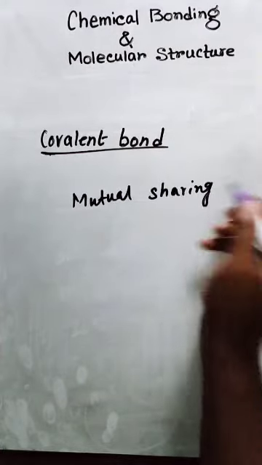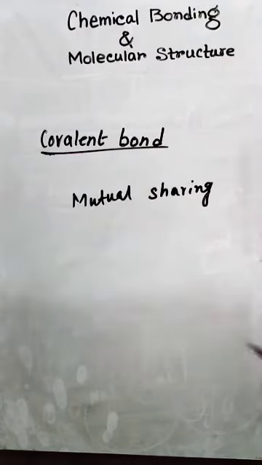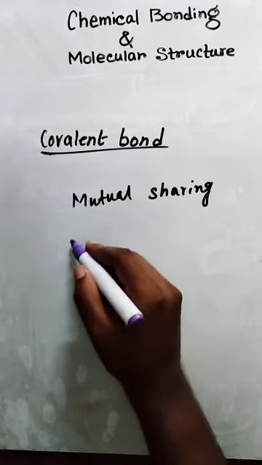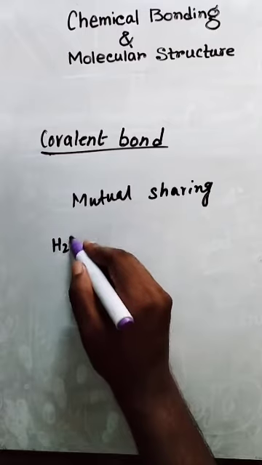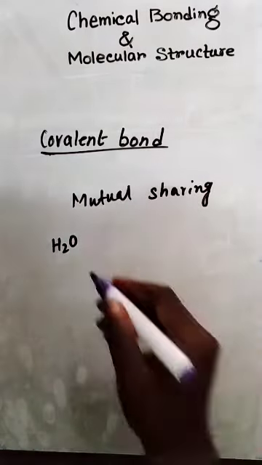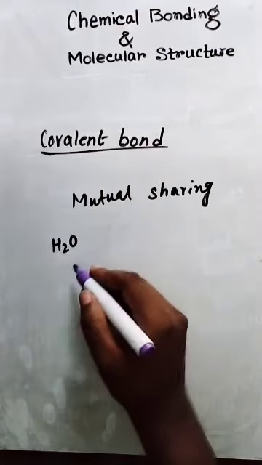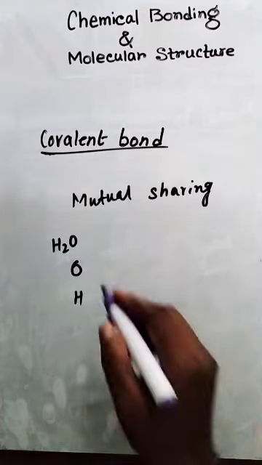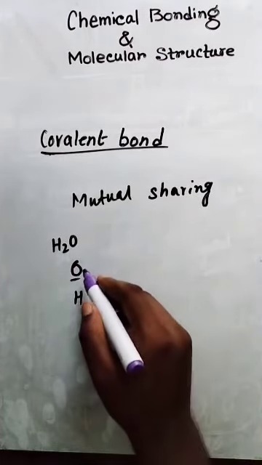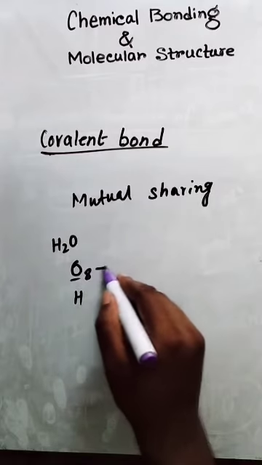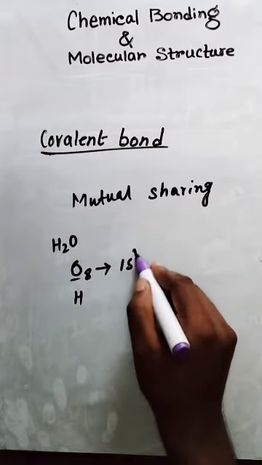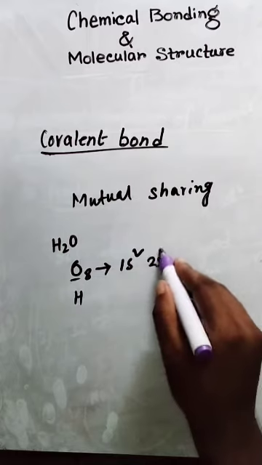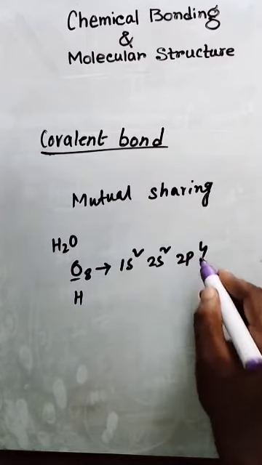So what is mutual sharing? For example, in the H2O molecule, there are two types of atoms, oxygen and hydrogen. You know the electronic configuration of oxygen is 1s2, 2s2, 2p4.